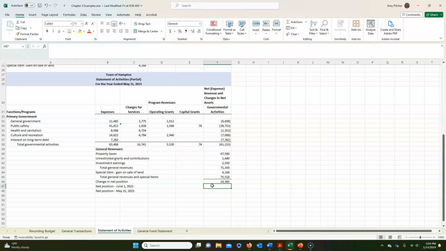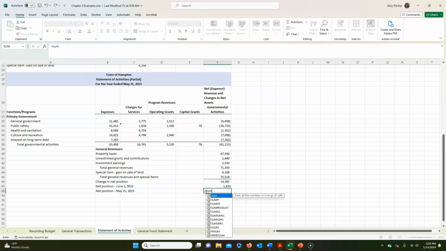It was $1,810. So our net position at the end of the fiscal year is the sum of those two numbers. So that's currently what we have in revenues over expenses.